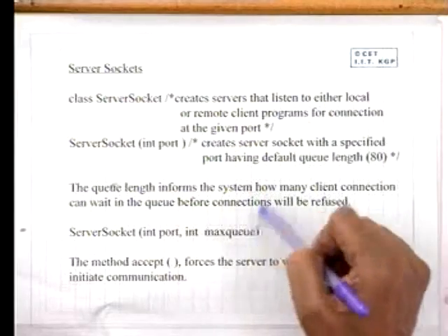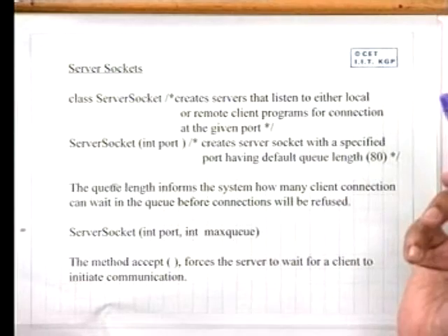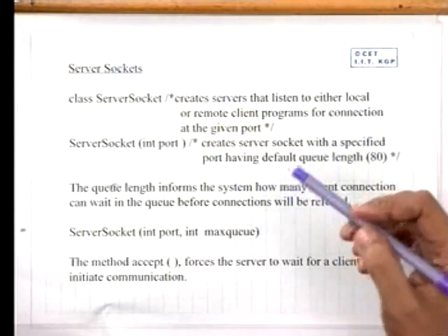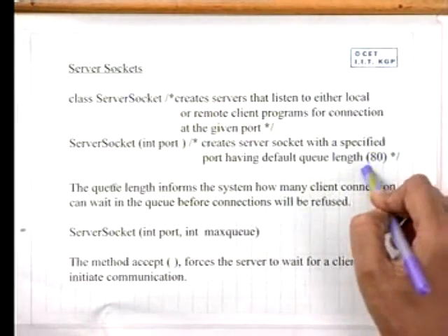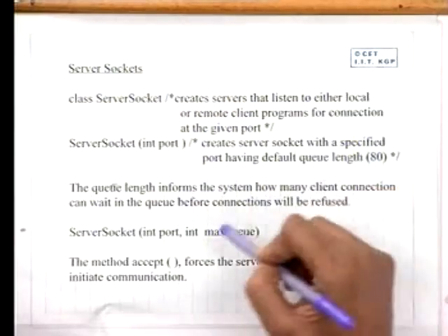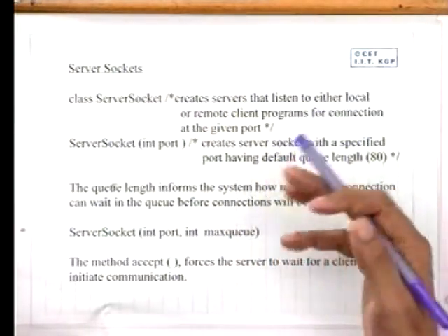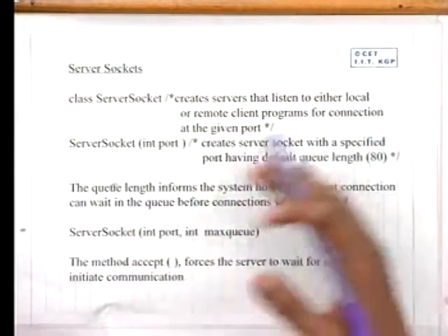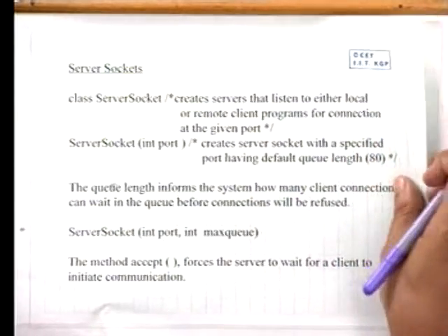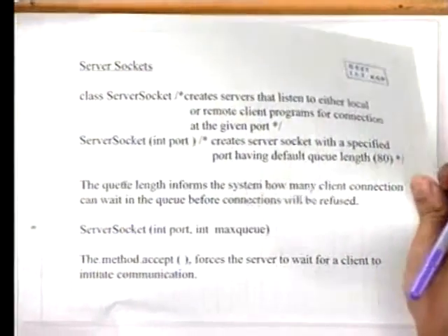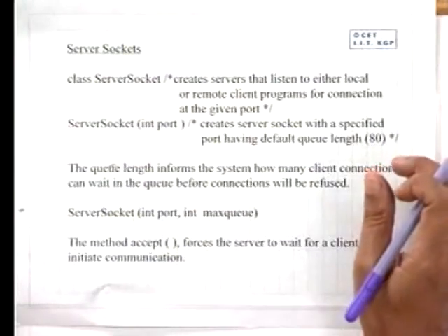All these requests coming from the clients are kept in a queue, and if you do not specify the queue length, some default value is taken. If requests exceed the maximum length of the queue, these connections will be refused. So the maximum queue length allows us to specify how many waiting connections can be there on the socket for the server program.